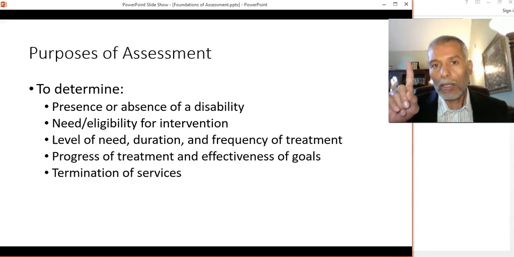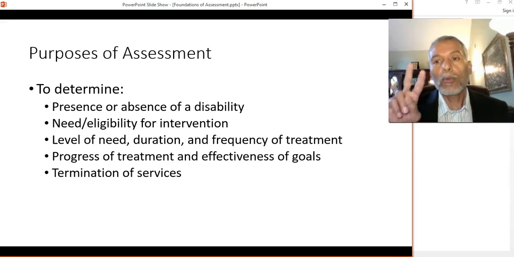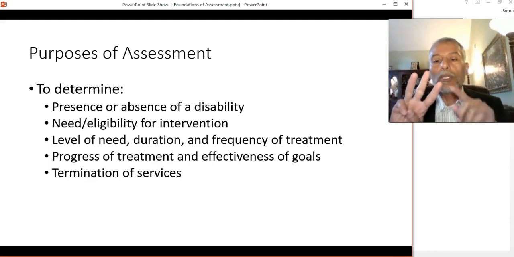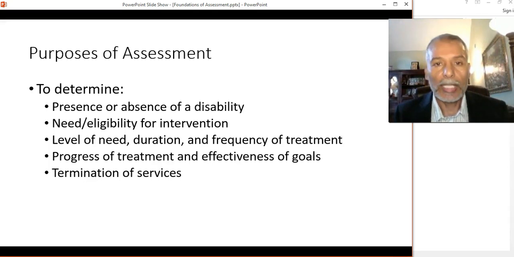One, the problem could be mild. That is based on your interpretation of your results. The problem could be moderate. It could be severe, or it could be mild to moderate, or it could be moderate to severe. 5 ratings. And that's very important.